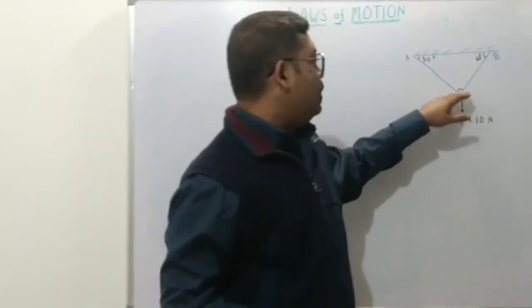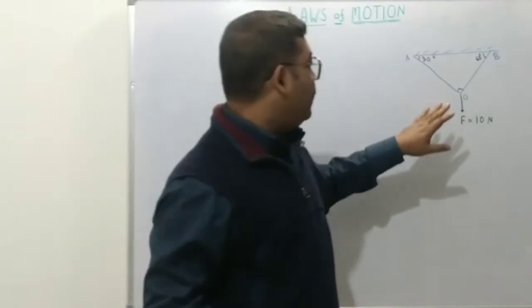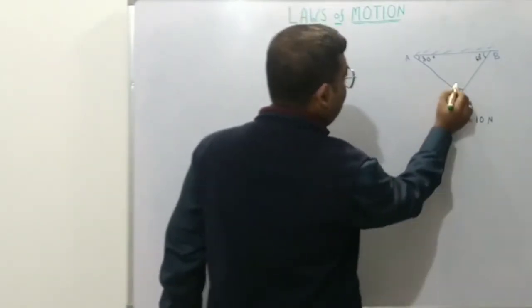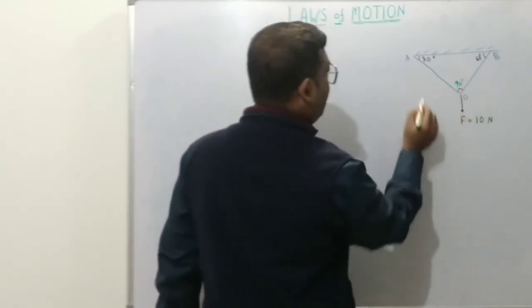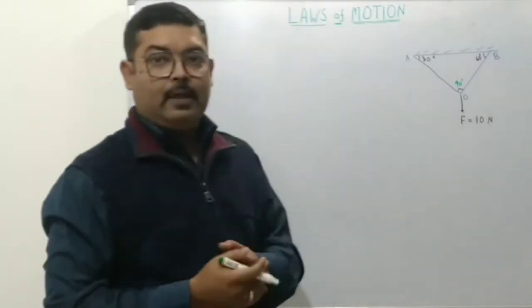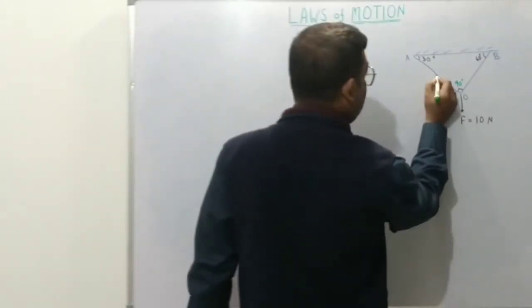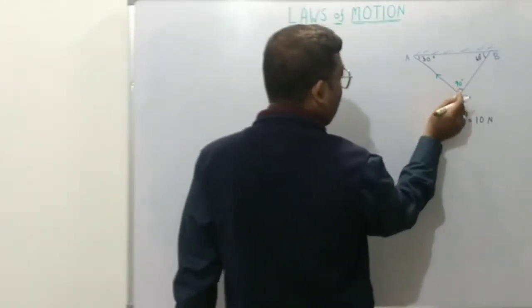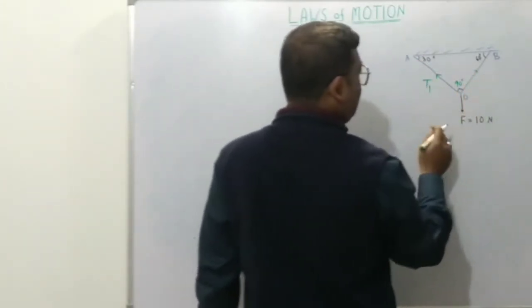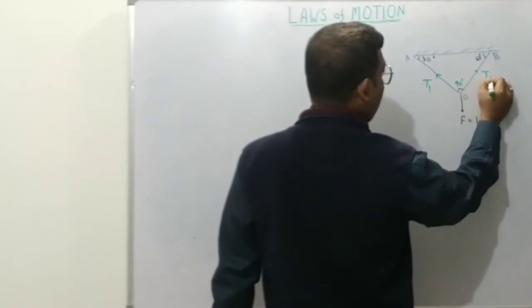That is, the point O is not moving downwards or upwards. The angle AOB is 90 degrees, and this angle A is 30 degrees and this angle B is 60 degrees. You are supposed to find the tension in the string OA, that is T1, and the tension in the string OB, that is T2.